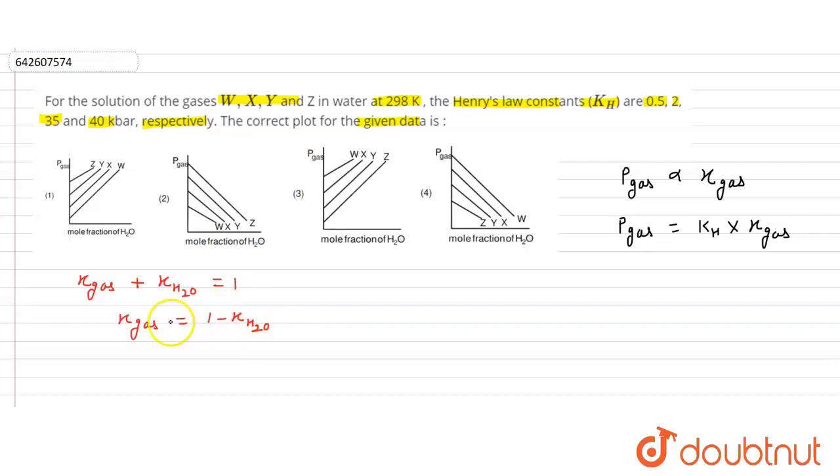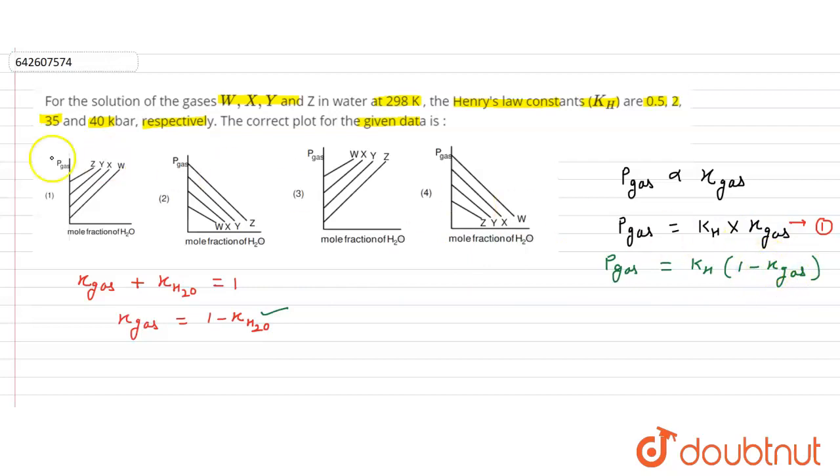Now you can put the value of the mole fraction of gas in this equation, let's say equation number 1. After putting the value, the partial pressure of the gas will be equal to KH, the Henry law constant, into the value of the mole fraction of gas, that is 1 minus the mole fraction of water.